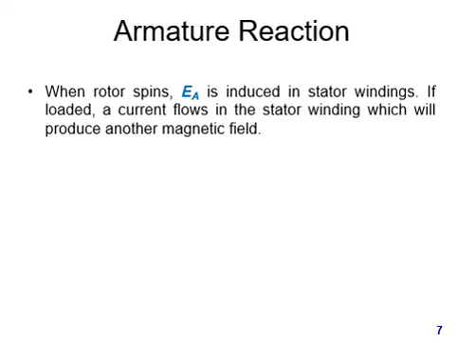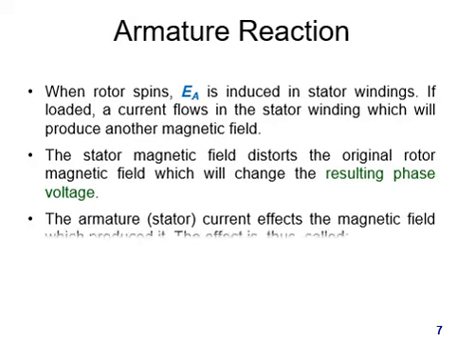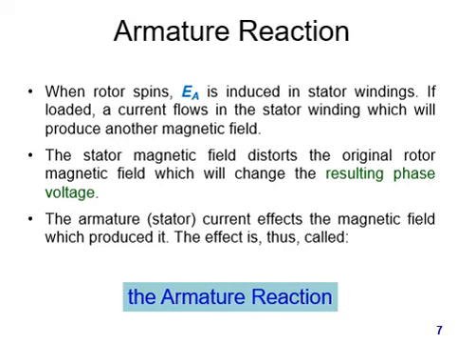Now we come to the first distortion, which is armature reaction. In armature reaction, when the rotor spins, EA is induced in the stator winding. This is quite simple, that voltage is induced in the stator winding. If loaded, a current flows in the stator winding which will produce another magnetic field because of that current flow.